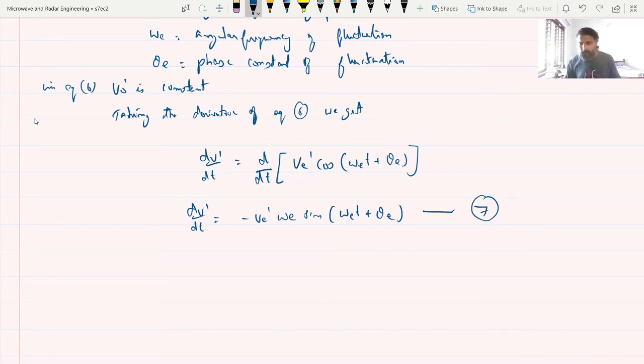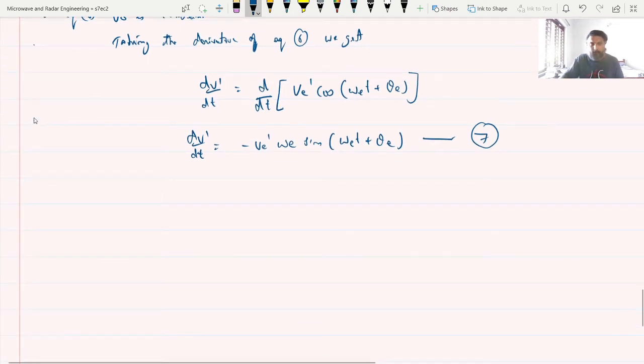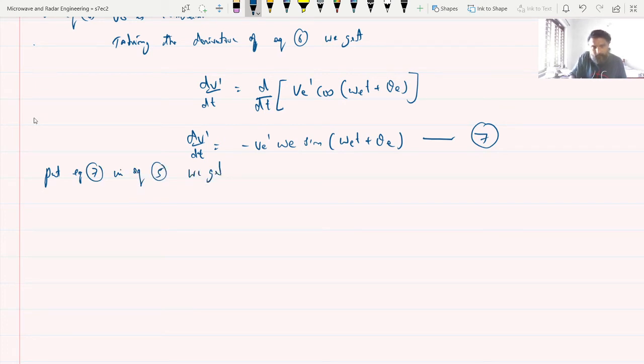Okay, dv dash by dt equal to minus ve dash omega e sin(omega e t plus theta e). So you put equation 7 in equation 5.